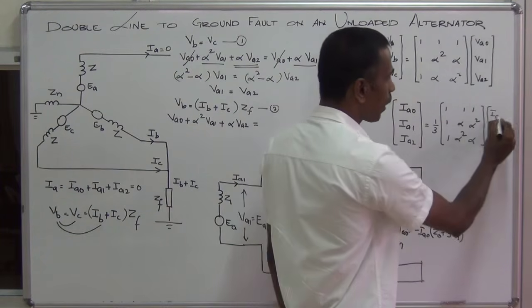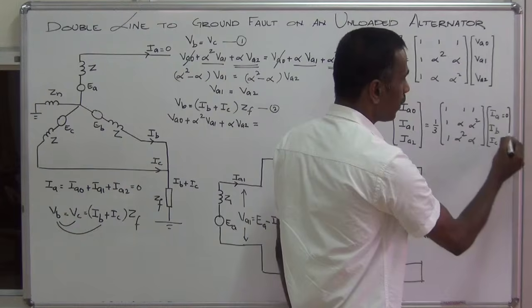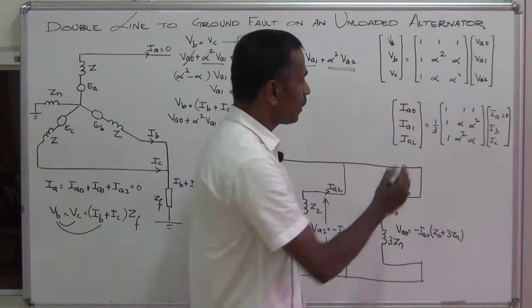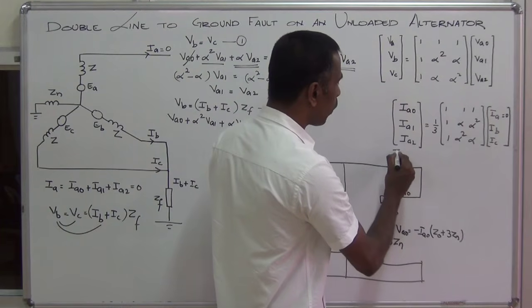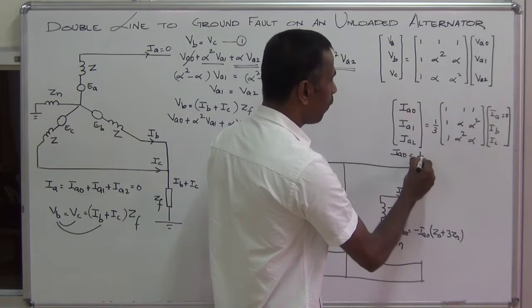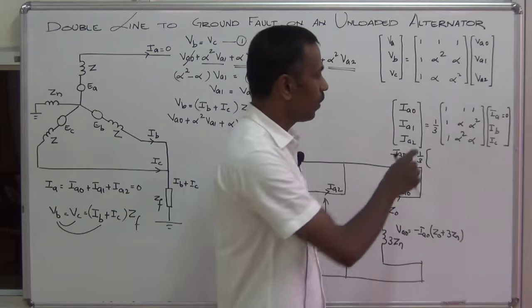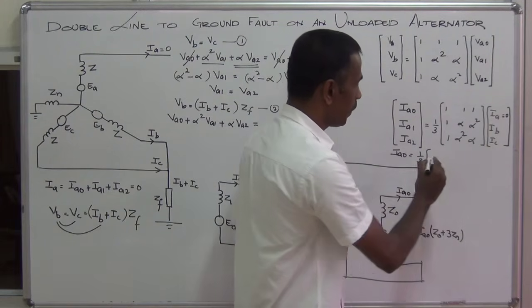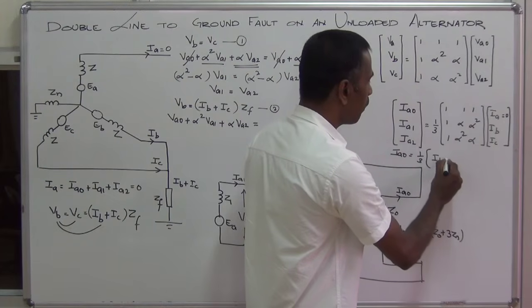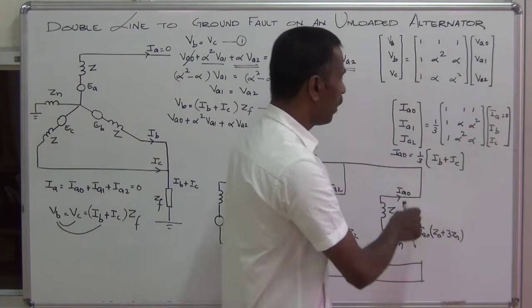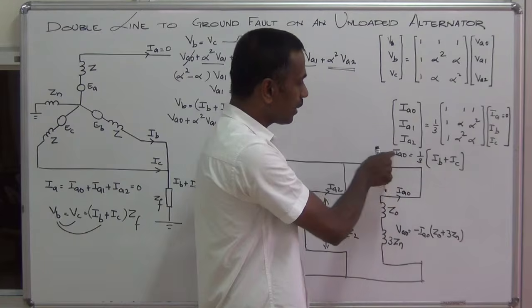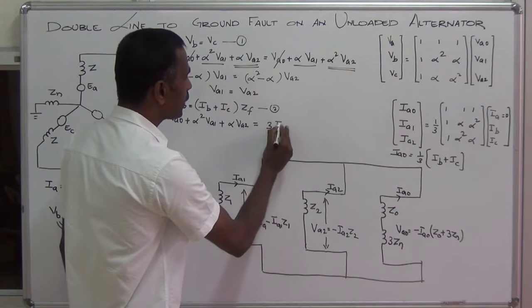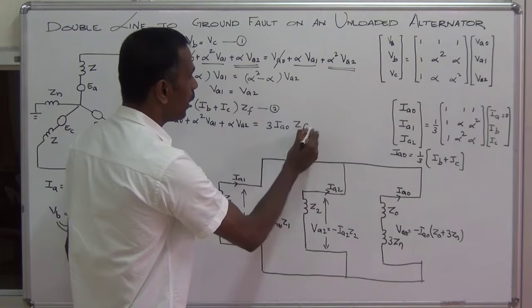Here IA equals 0, and IB and IC exist. So we can write IA0 equals 1 by 3 into 1 into 0 plus 1 into IB plus 1 into IC. So it is IB plus IC, or IB plus IC equals 3 into IA0. So it is 3 IA0 into ZF.